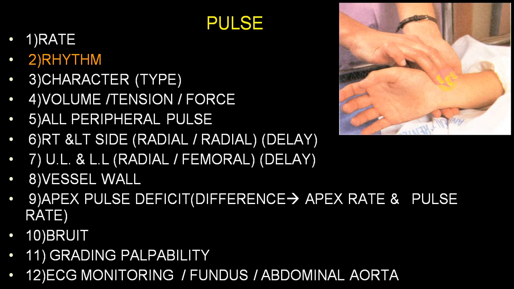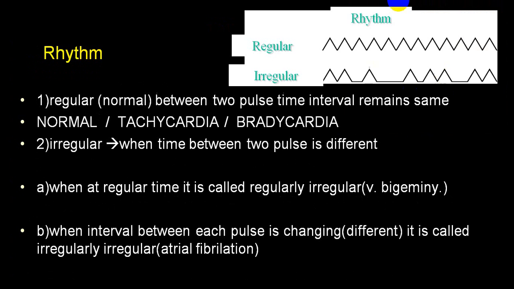So always remember, on peripheral pulse examination, if the interval between the two pulses is constant, it may be sinus or it may be because of arrhythmia also. So we'll go through that particular part.